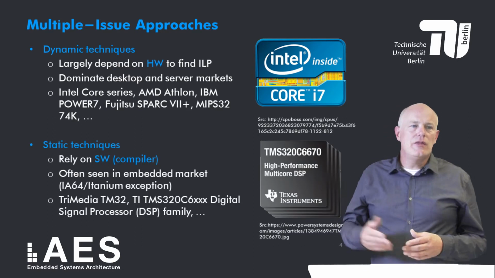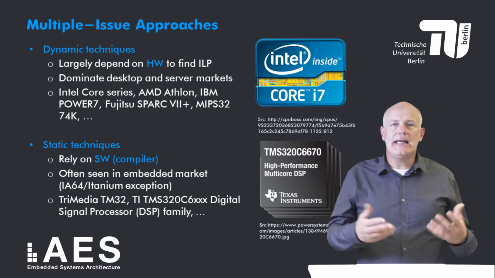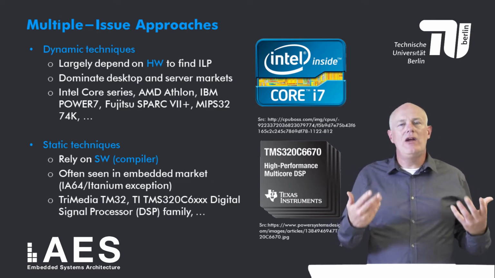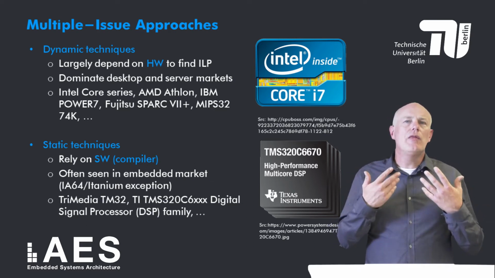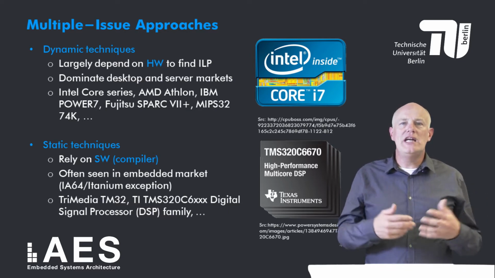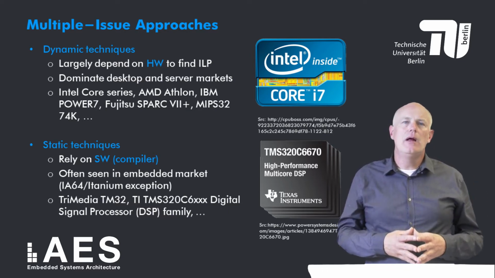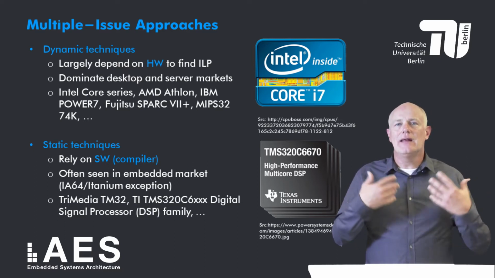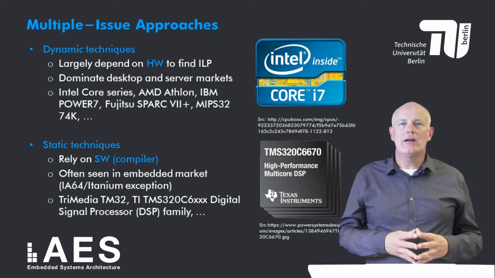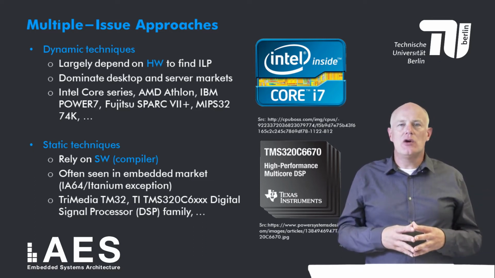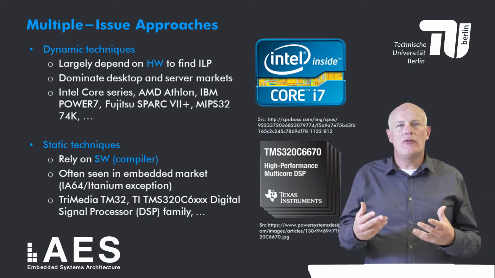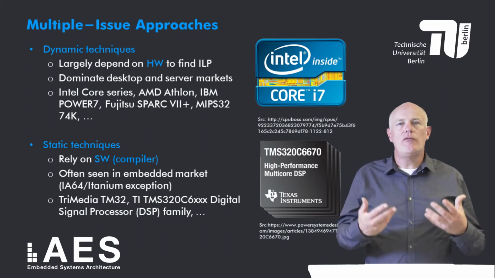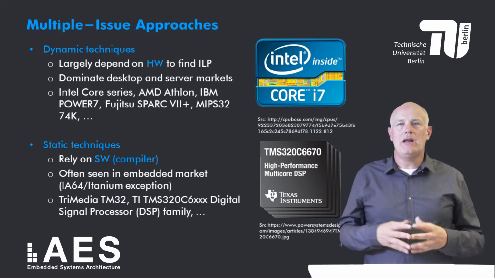The second approach is static techniques. These techniques rely on software, in particular the compiler, to find operations that can be executed in parallel. Because the backward compatibility requirement is less stringent in the embedded market and embedded applications are usually recompiled for a new platform, static techniques are often employed in processors for the embedded market.